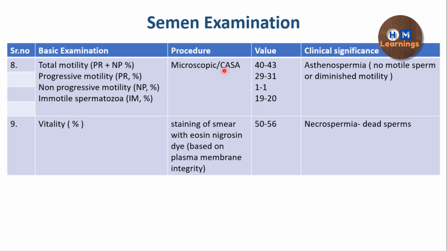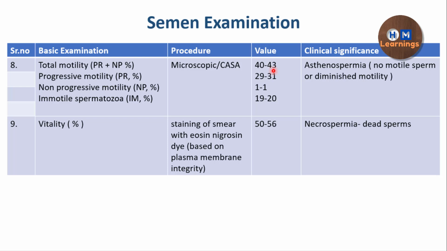This motility could be assessed by microscopic techniques or by computer-aided techniques. It is given as a percentage, like 40 to 43% of the total spermatozoa should be motile.